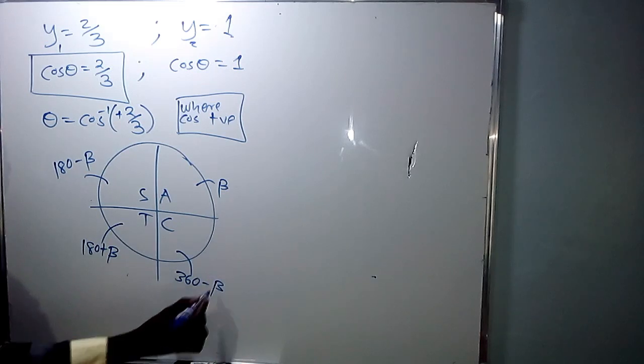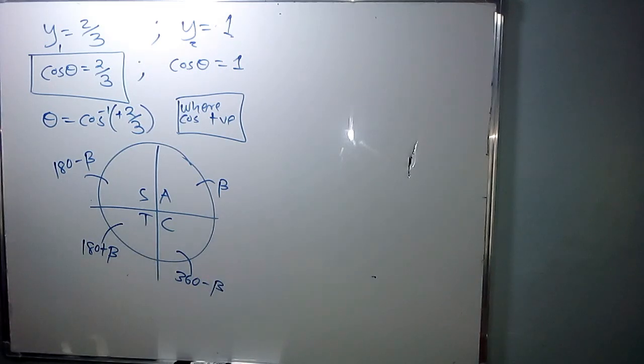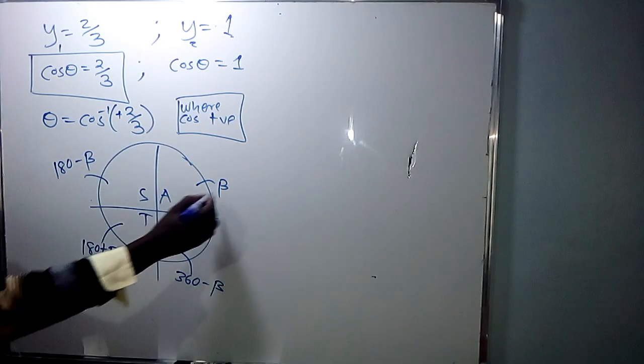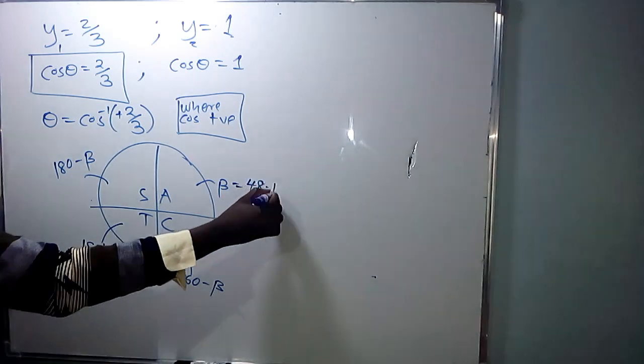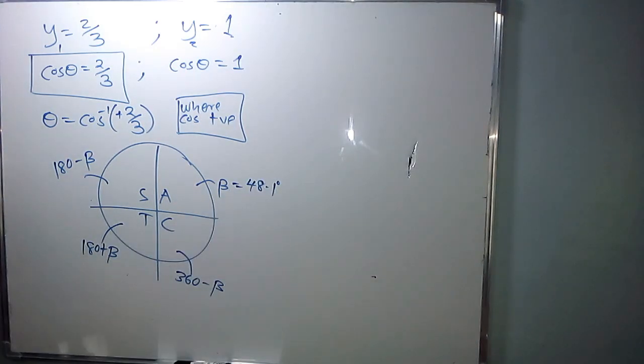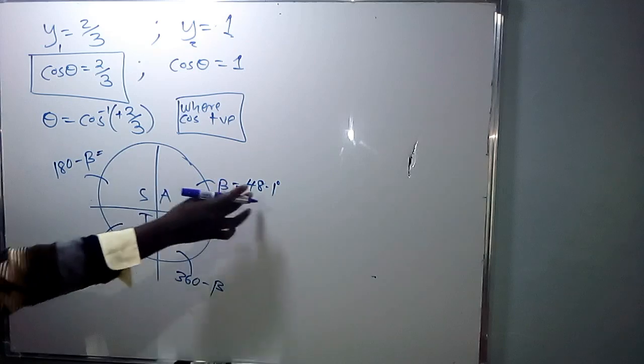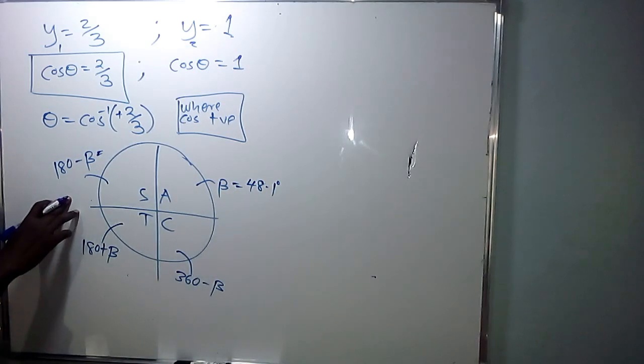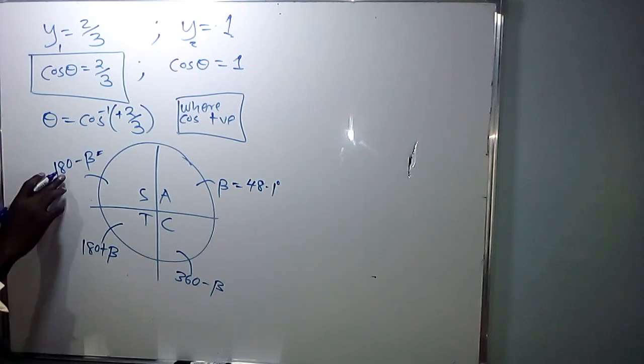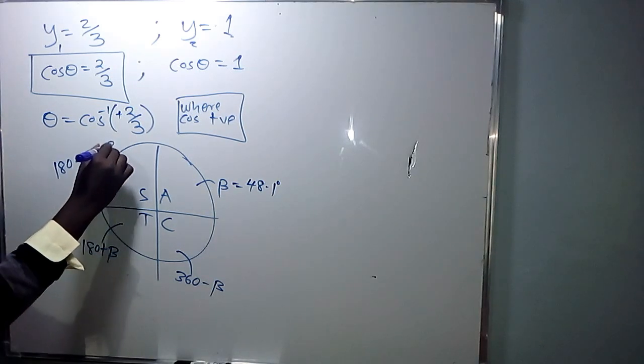So can we now find out what is the cos inverse of 2 over 3? Cos inverse of 2 over 3 is 48.1 degrees. So 48.1 degrees is the angle in the first quadrant. Then the angle in the second quadrant will be 180 minus 48.1 degrees, which is 131.9 degrees.